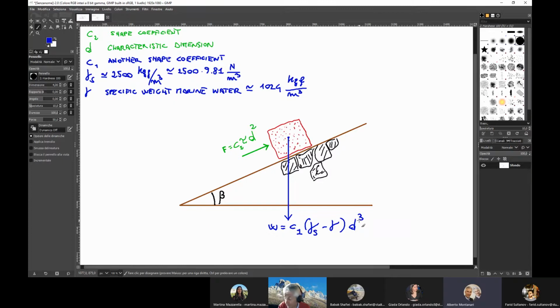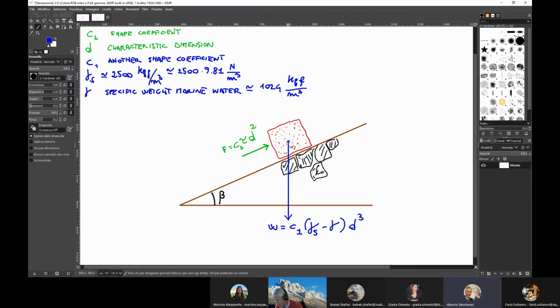The weight is directed along the vertical, and we can decompose the weight in two directions. So first of all, let me put this at a little bit lower position, because otherwise the drawing is not clear. Okay, let's suppose that the center of gravity is here. Now let's decompose this self-weight in two components.